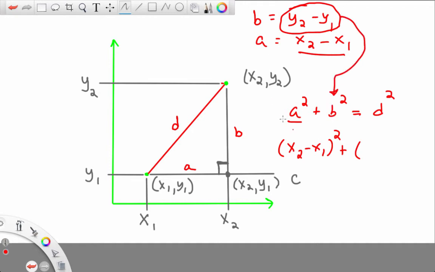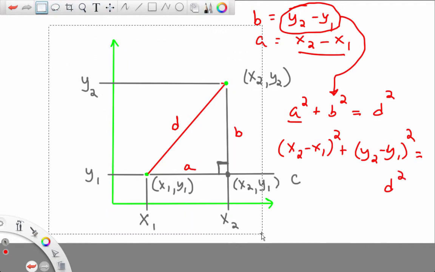So we have y2 minus y1 squared, and I'm running out of room. That equals d squared. Now let me make some room so that we can finish this up.